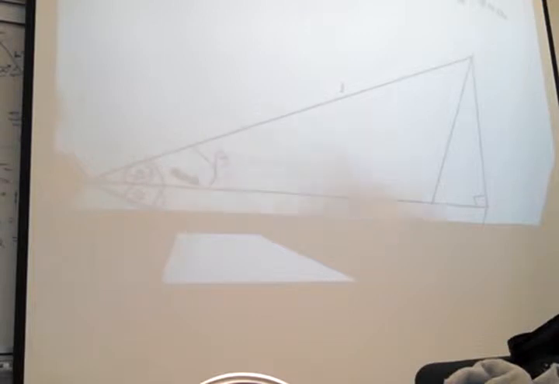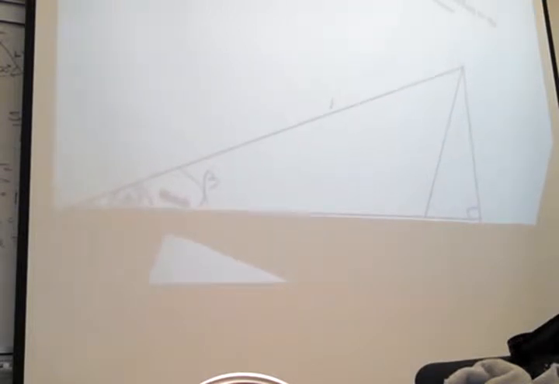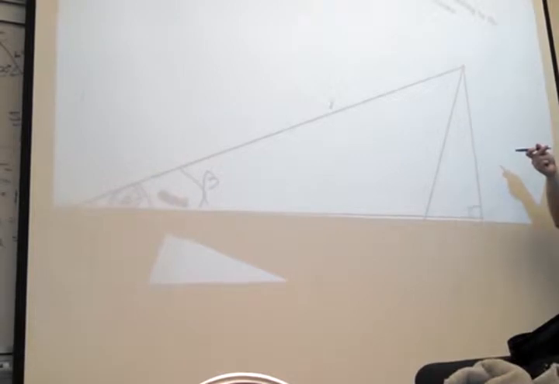This is beta, and this is alpha. So together they're alpha plus beta. The one we're looking at right now has only got beta in it. Sine of beta equals this length divided by 1. So this length is sine beta.